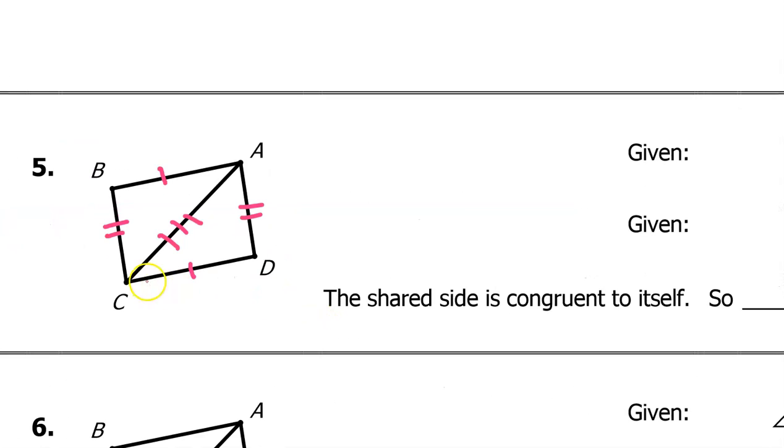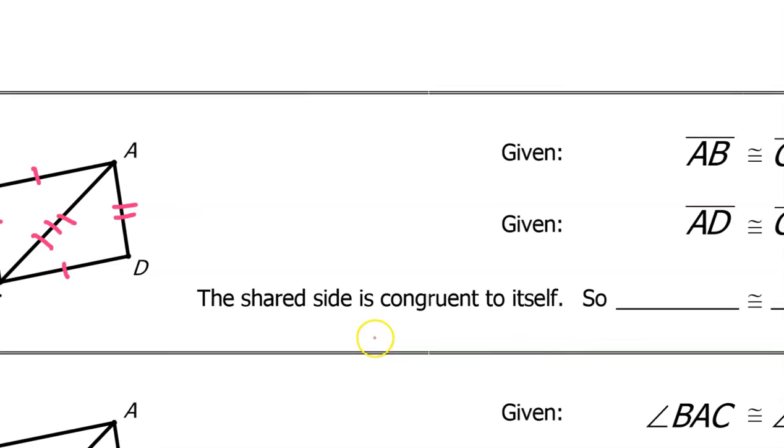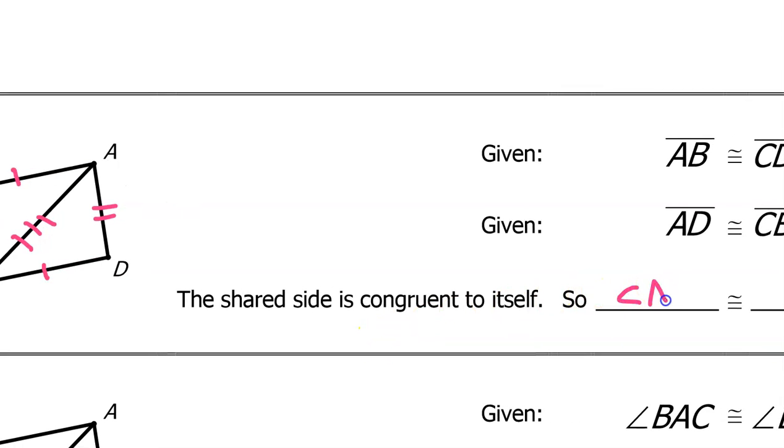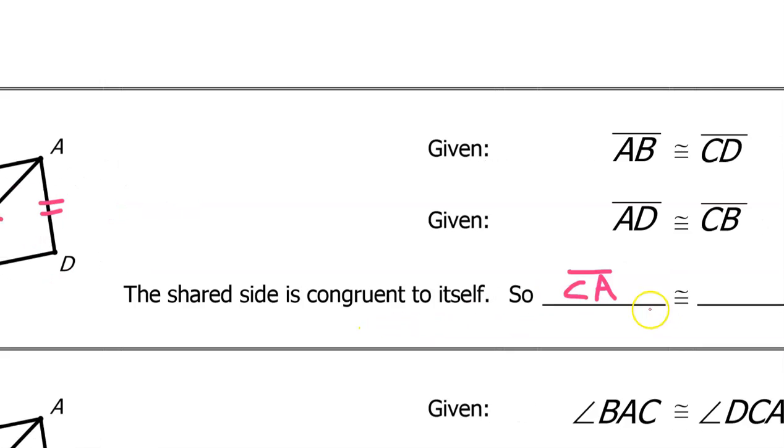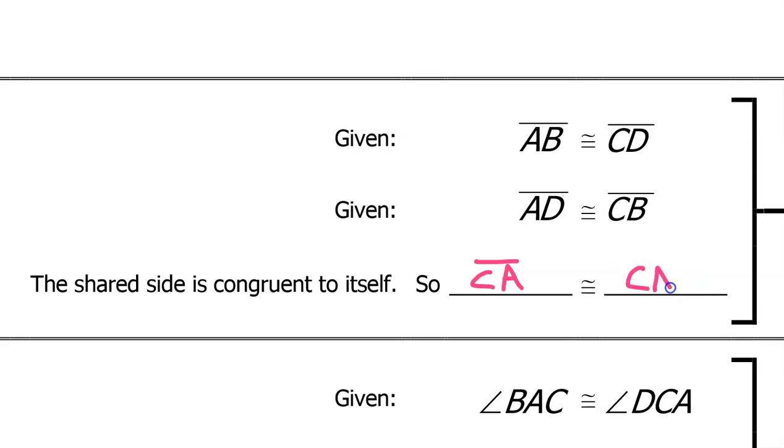Oh, by the way, the congruence statement that you make when we mark the shared side, we can say that CA is congruent to CA. I know it feels a little bit silly, but this is how you would make a statement in a proof.